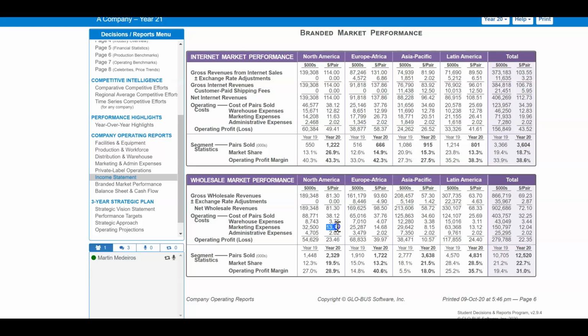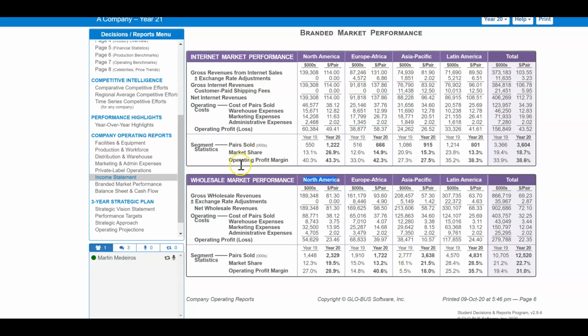But that $13.95 was marketing costs. But this is manufacturing and distribution, wholesale, and admin expense. So you add these four things up. This is your average total cost, these four things. This is the price they charged. So this minus this is going to give you a profit of $23.46 per shoe in North America.